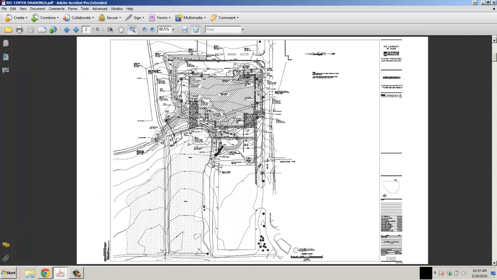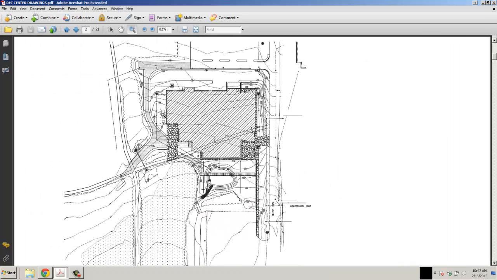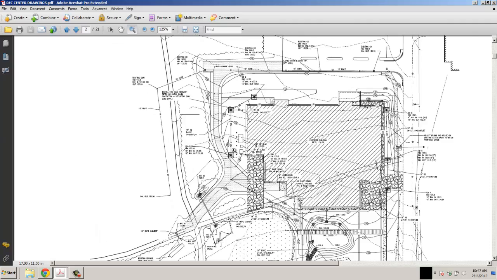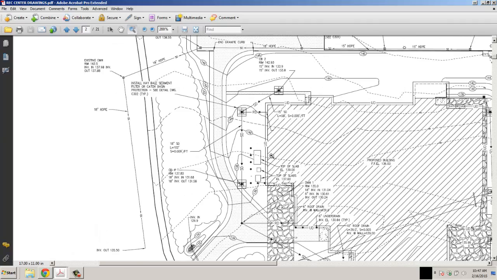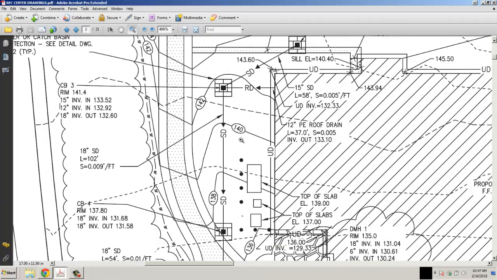We'll take a look on this side. We can see some more inverts. Let's go between these two pipes right here. What we can see is we've got a catch basin up here, catch basin 3, which has a rim elevation of 141.4. And down here we have another catch basin 4, which has a rim elevation of 137.8.